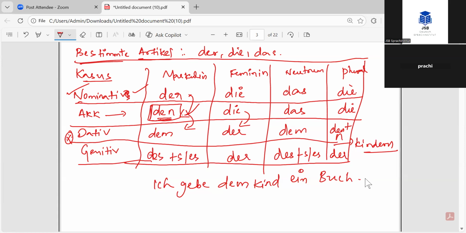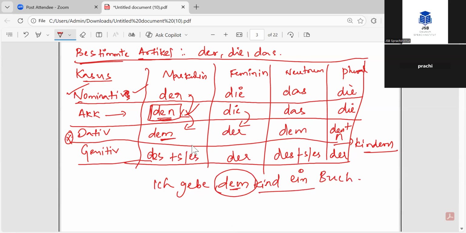You can check that and see it is dative. How do you see this one is dative? Because we use dem, no? Dem Kind. Yes, dem Kind. See here. So like that the sentence will be.